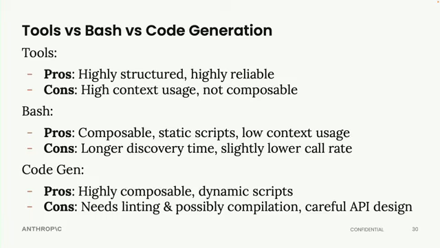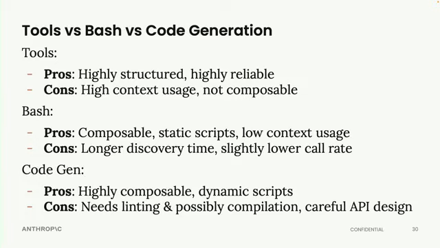So it needs to discover what it can do, which is kind of powerful. It helps take away some of the high context usage, but adds some latency. There might be slightly lower call rates, just because it needs to find the tools and what it can do. But this will definitely improve as it goes.